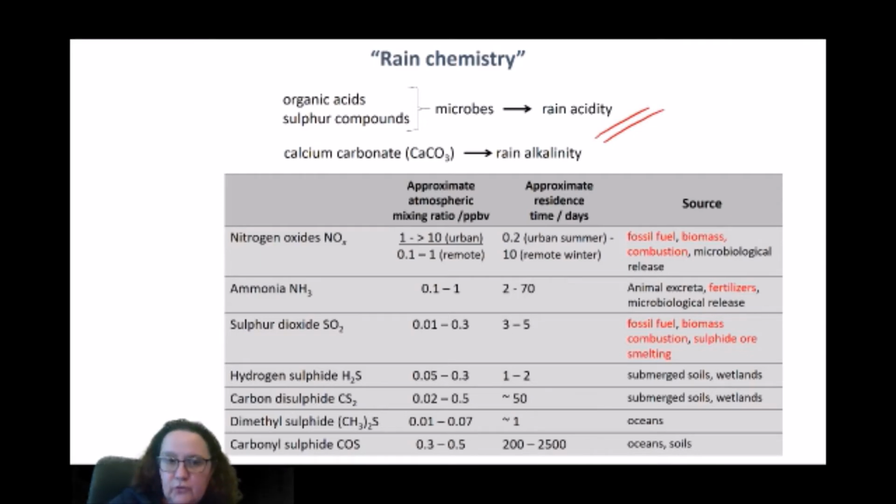You've got CO2, which I've mentioned before, but you also have, for example, carbon disulfide or dimethyl sulfide and carbonyl sulfide, which are associated with microbial, bacterial activity, especially in submerged soils, wetlands, anoxic conditions, lack of oxygenated conditions. And you have also nitrogen oxides. There is a small amount of nitrogen dioxide naturally in the atmosphere, but most of it comes from fossil fuel or biomass combustion.